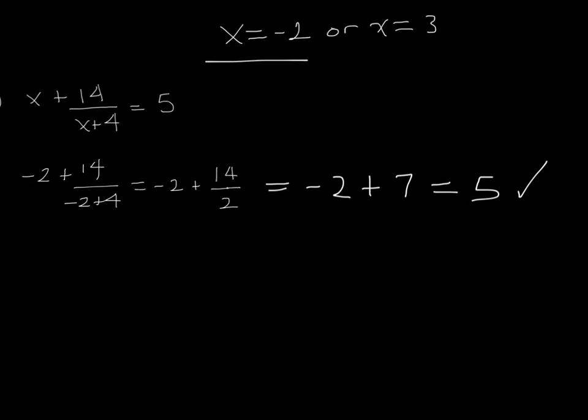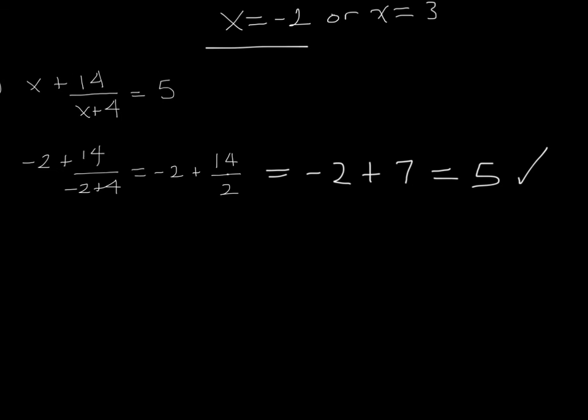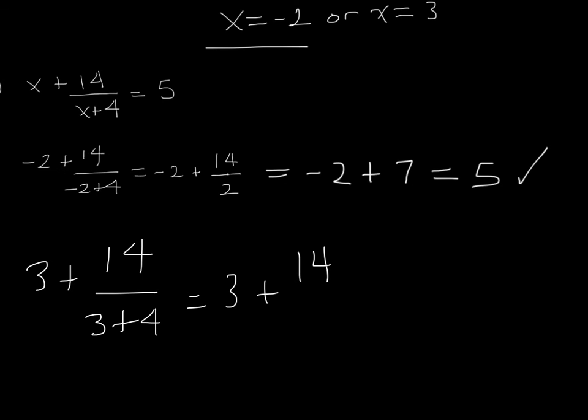Next, we'll check the 3. So we'll have 3 plus 14 over 3 plus 4, which is 3 plus 14 over 7, which is 3 plus 2, which equals 5, and we have the other solution.